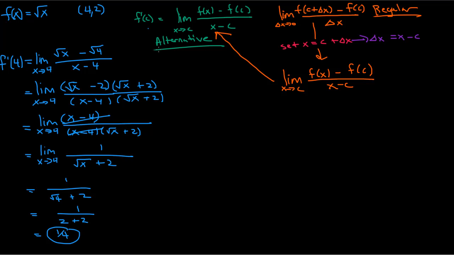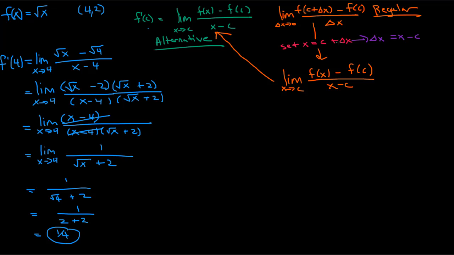Let me stress this. The alternative limit definition is what we use when we're trying to evaluate the derivative at a specific x value or a specific value of c. When we want a specific slope. If we don't want a specific slope, we're generally going to use the regular limit definition, because it will result in just a derivative function.